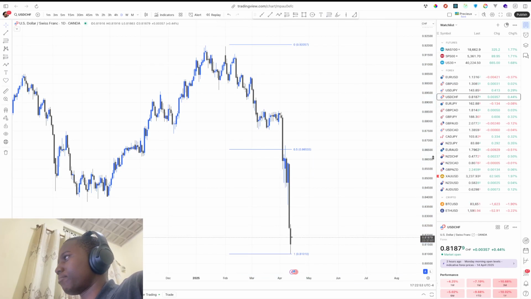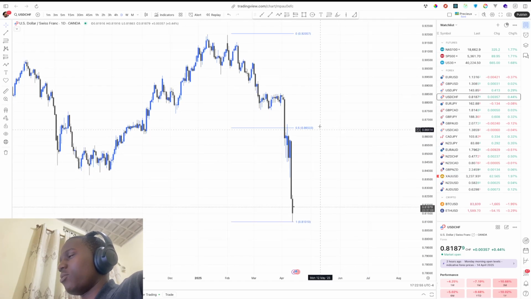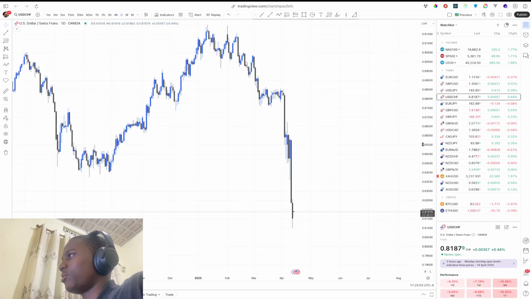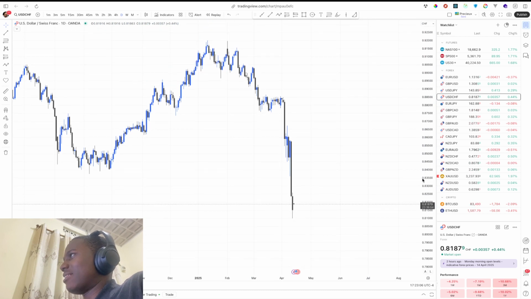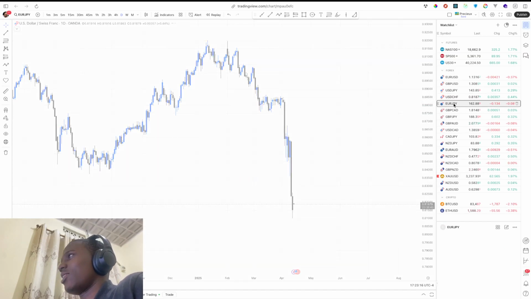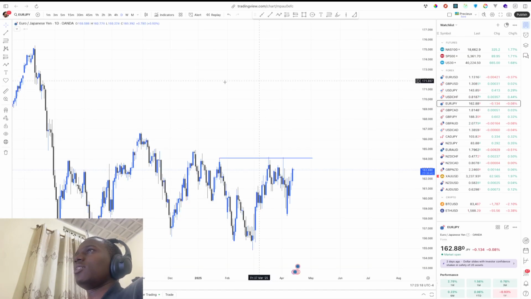And before we have that rebalance, it's a good pair to trade, but I don't think I would trade this pair these times. I'm not really interested in this one. It's looking really messy. In fact, in a couple of days I'll remove it from my watch list if it continues like that. Let's go to Euro JPY.